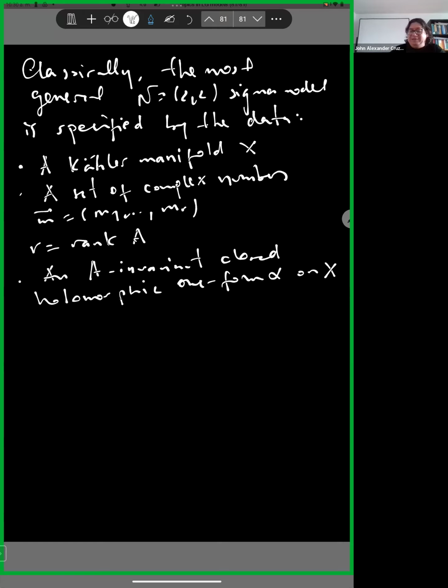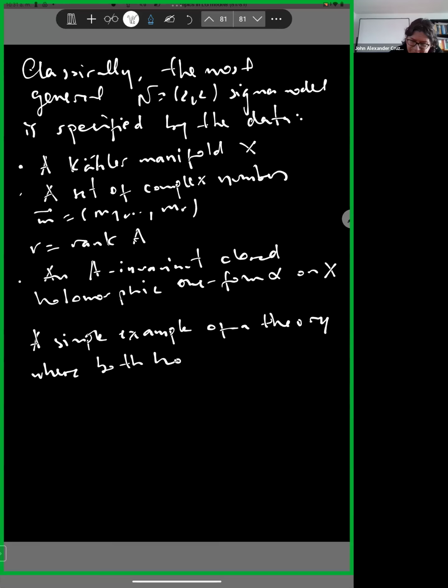And so let me discuss what will be the simplest example of this, right? So the simple example, okay, of a theory with these two things, where we both have a non-zero one-form alpha and a non-zero twisted mass.